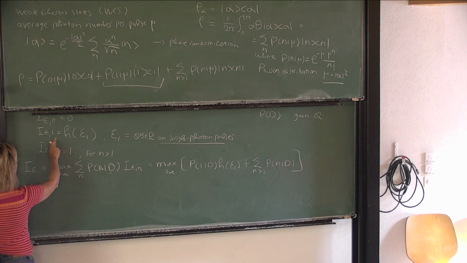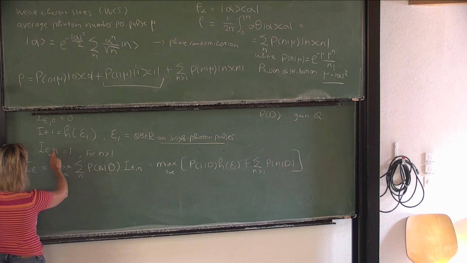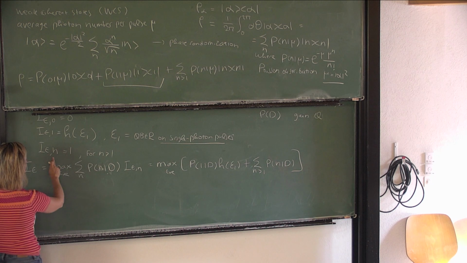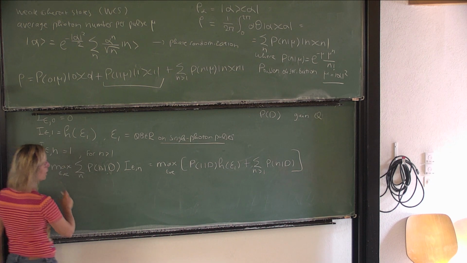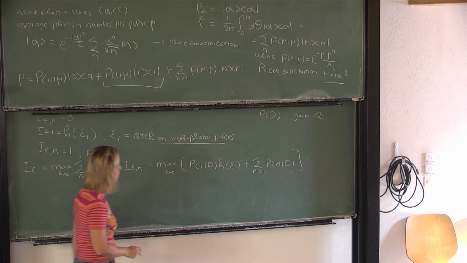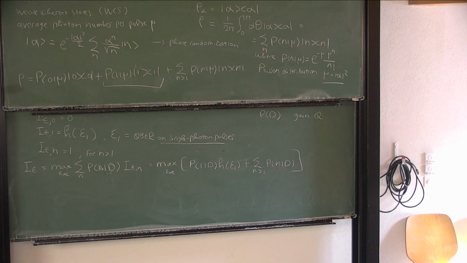So the 0 was 0. For 1, we've split it and it's h of epsilon 1. And this one is 1 for all the cases where n is bigger than 1. Okay? So this is the leaked information. The total leaked information of Eve is given by this expression.